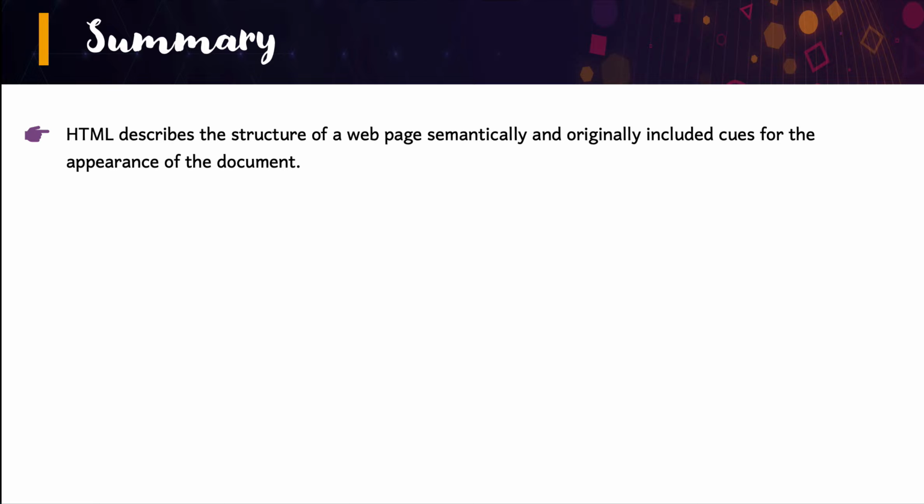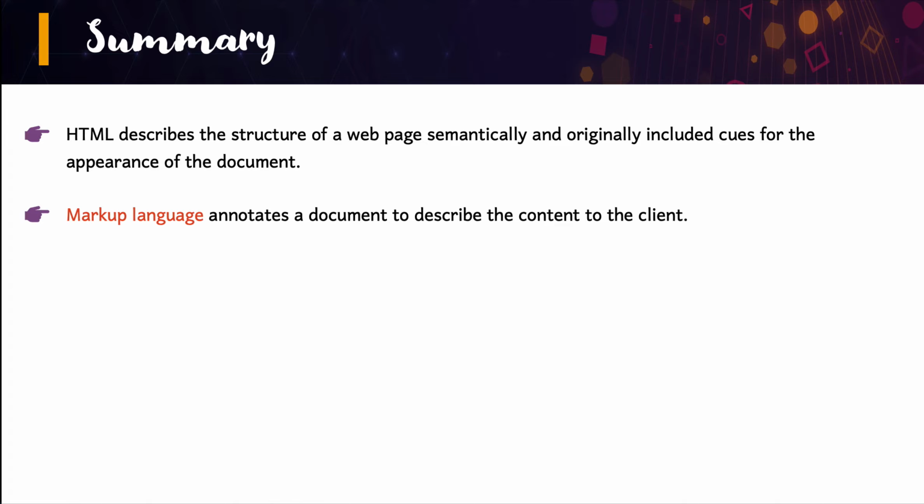So that's almost at the end of the lesson. Let's see what we have learned today. HTML is nothing but a language that describes the structure of a web page semantically, and it includes cues for how the page should be displayed to the user.